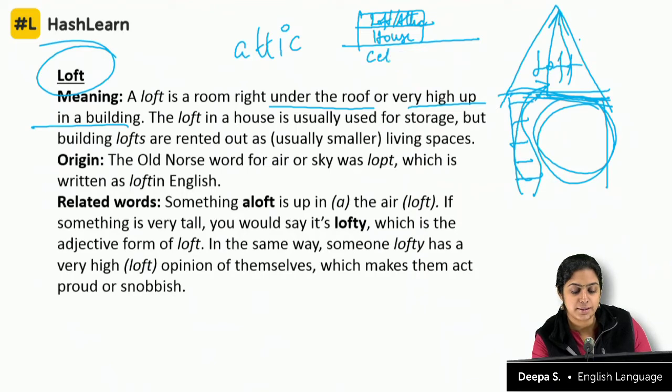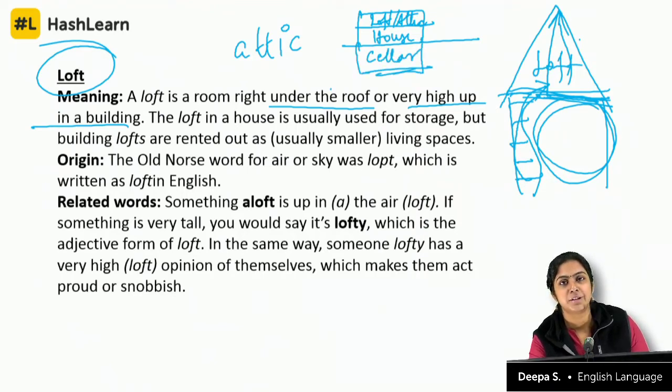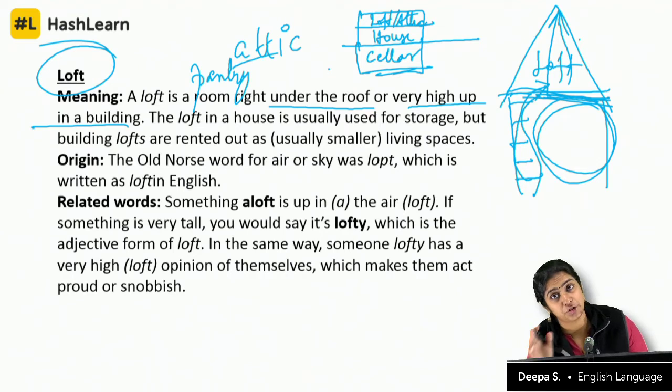What is underneath is the cellar. Got it? So the kitchen is also called the pantry, or supplies for the kitchen are stored in a place called the pantry. So cellar is nothing but underneath, basement.